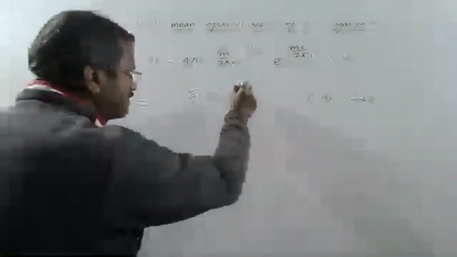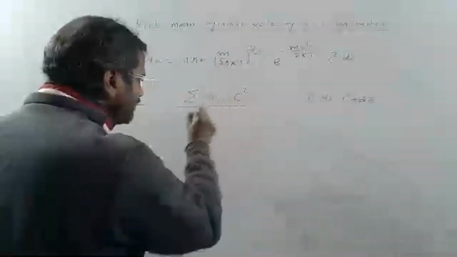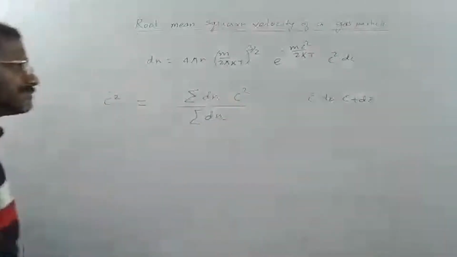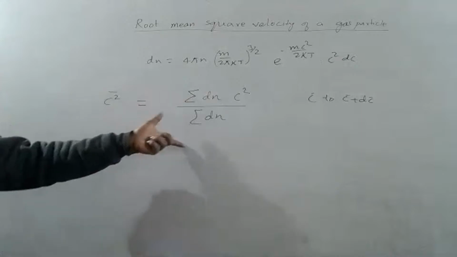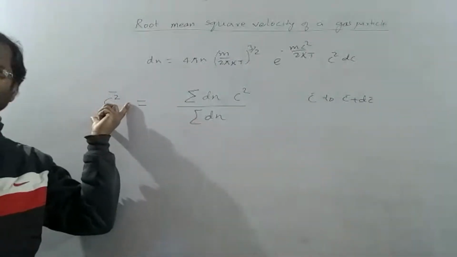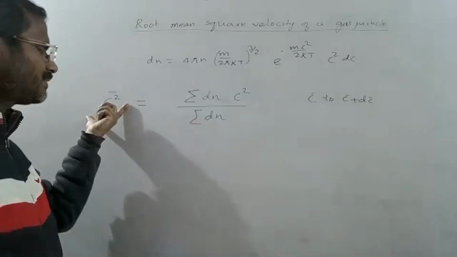Then we multiply by c square and divide by the summation of dn. This is the average value, and it is called the mean square velocity of a gas particle.